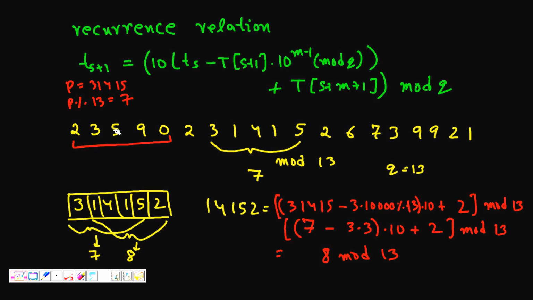If P modulo 13 is 7 and the window gives, let's say, 6, then I am 100% sure that this text window is not equal to the pattern, because if the pattern and this were the same, you would surely have got the same remainder. But even if I get a 7 here, I might not be sure that they have the same value, because different numbers divided by a number can leave the same remainder.